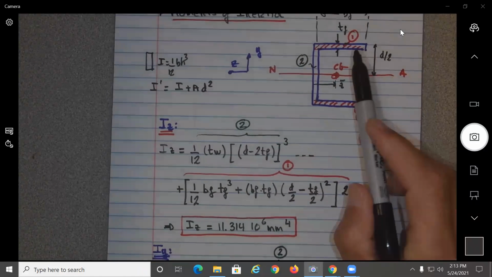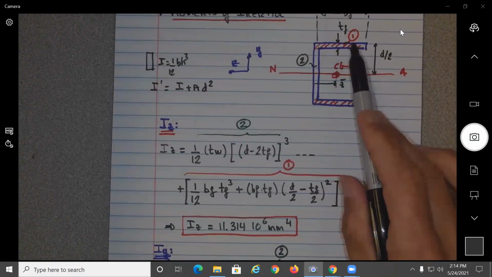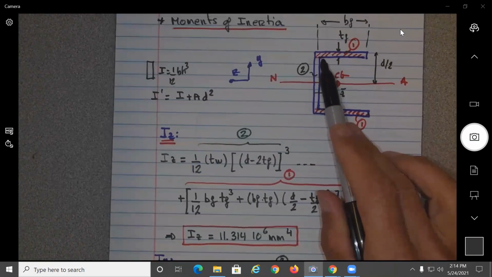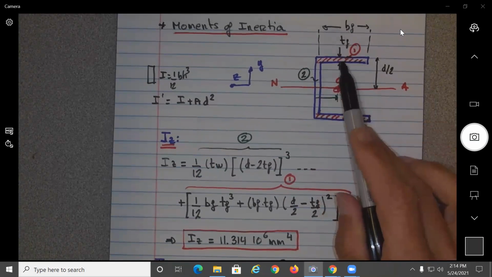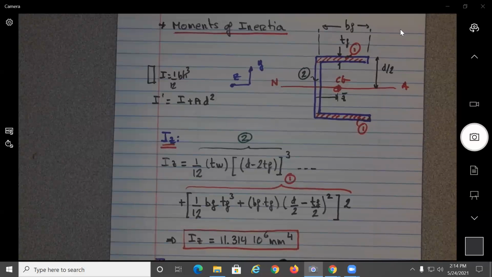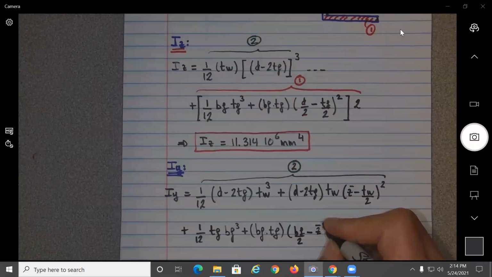And what should be the distance? The CG of this cross section will be located where? Just B F over 2. So we'll have B F over 2, here be careful now, minus Z bar, and this will be squared.